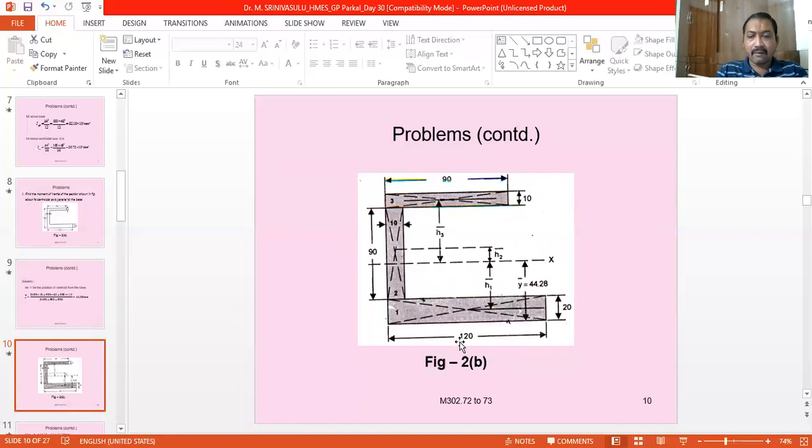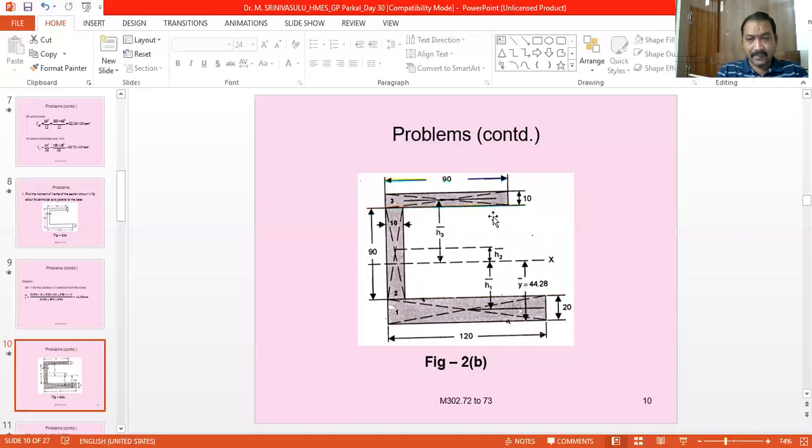A1 is equal to 120 into 20, that is 2400, and a2 is equal to 90 into 10, that is 900, and a3 is equal to 90 into 10, that is 900. For rectangle 1, y1 is directly from the base, 20 by 2, that is 10, and y2 is equal to 20 plus 90 by 2, so 20 plus 45, that is 65.